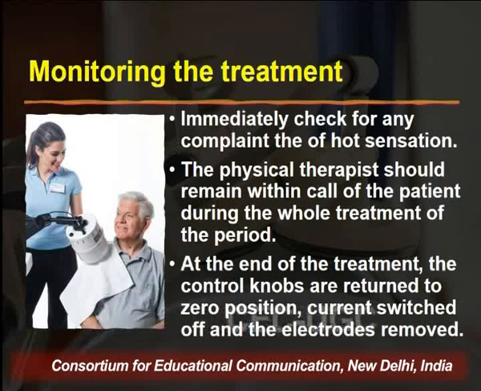The physical therapist should remain within call of the patient during the whole treatment period. At the end of the treatment, the control knobs are returned to 0 position, current switched off and the electrodes removed.